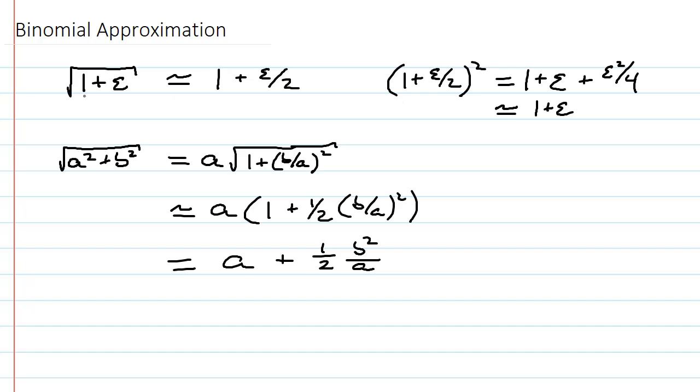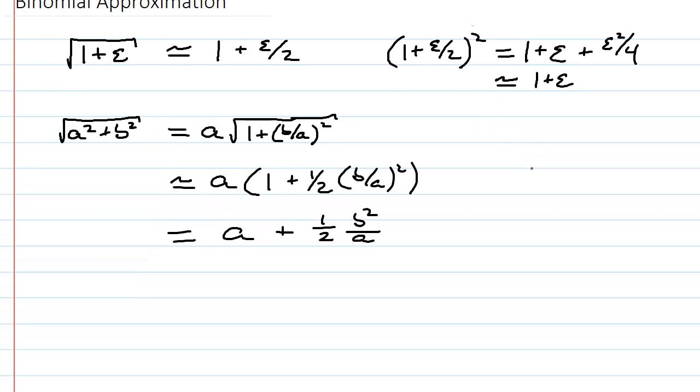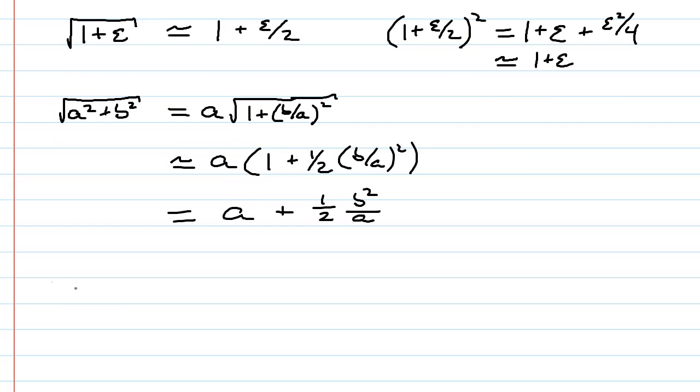Now, in fact, this square root version of the approximation is just one variation. What I've just shown here is that 1 plus epsilon to the 1/2 power, meaning square root, is approximately 1 plus a half epsilon.